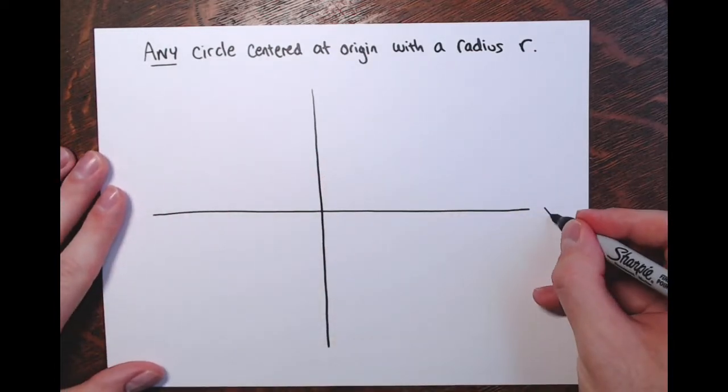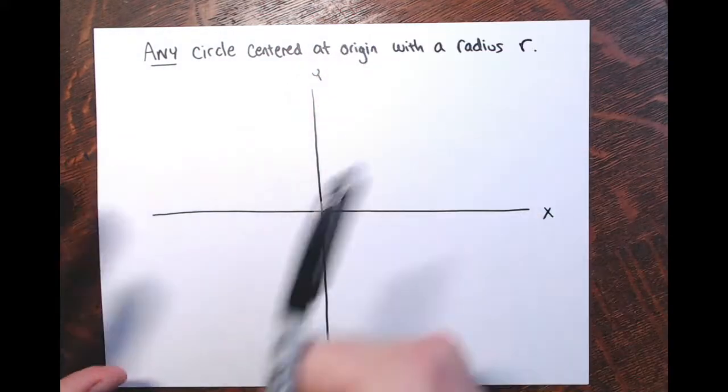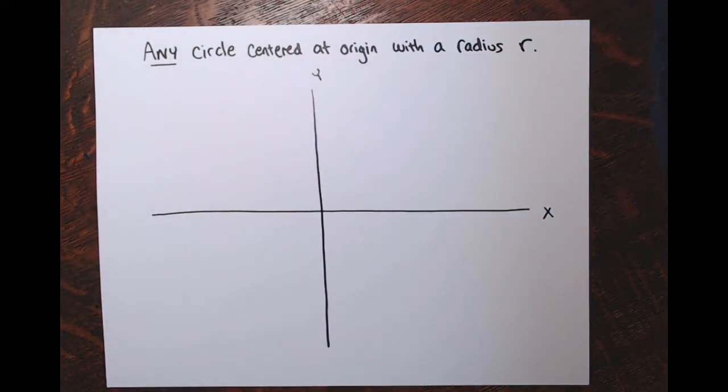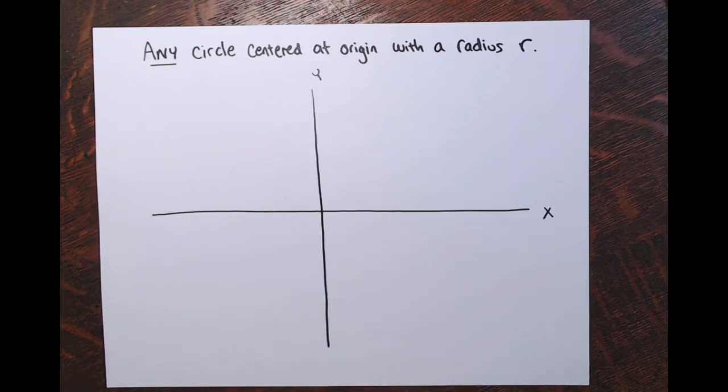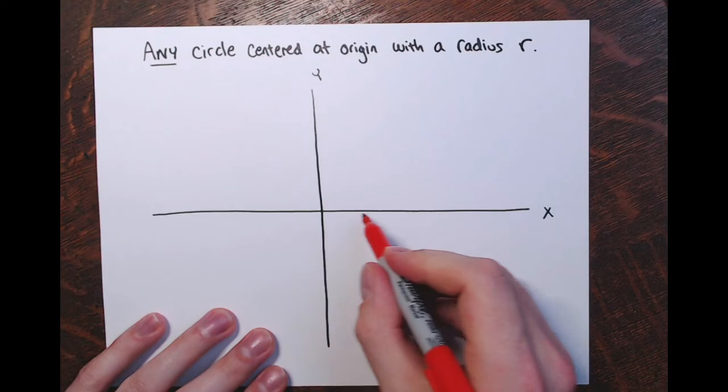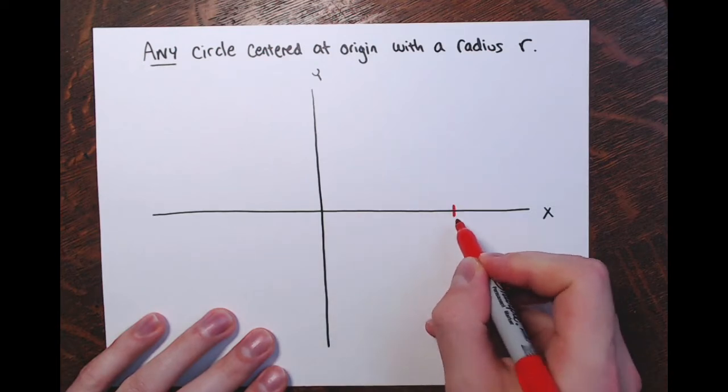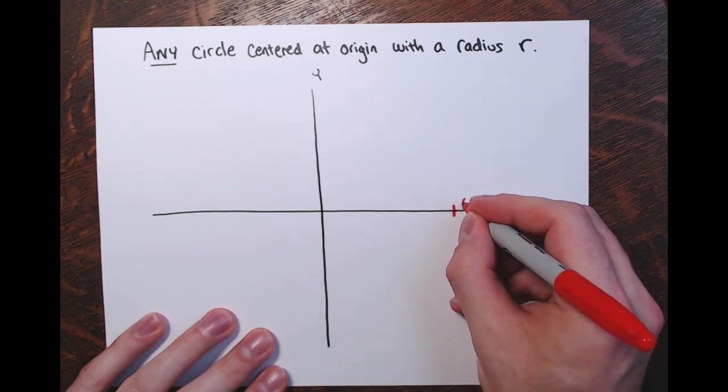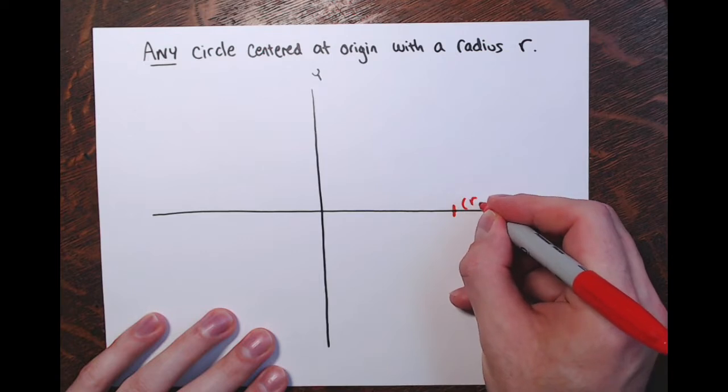Alright, so there's the x-axis, y-axis, coordinate plane. And I know it's going to look very similar to my picture of the unit circle, only now, instead of this being the point 1, 0, this is the point r, 0.